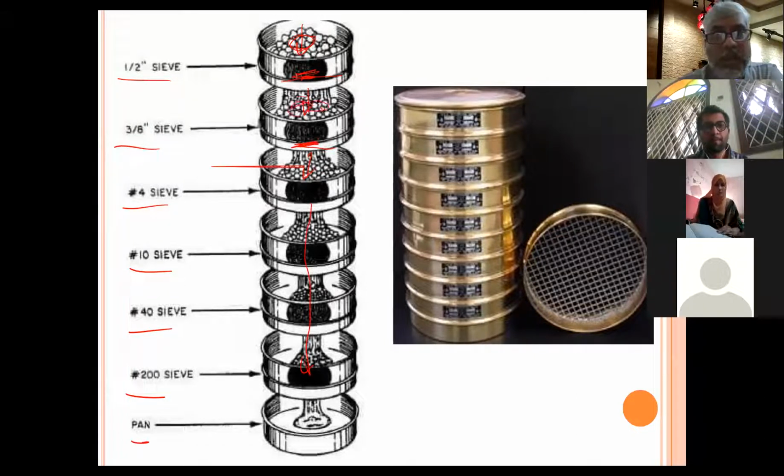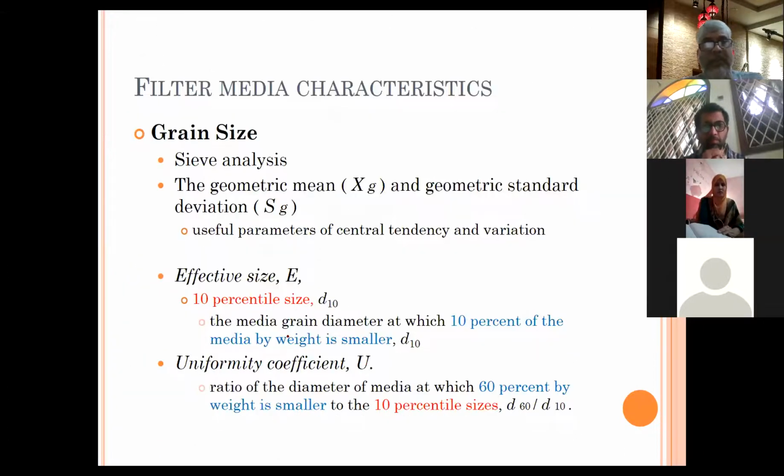Some portion stays here, some here, some here. Then we can measure the weight of the particles staying on the sieve of that particular size, and we can find out the sizes of particles or the distribution of sizes of particles. So we do sieve analysis.